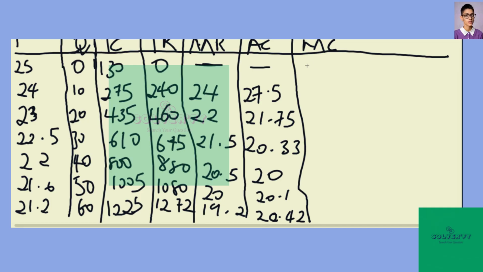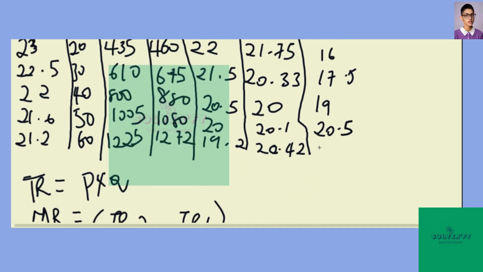So the first one will be 0, obviously. Then 275 minus 130 divided by 10, and we have 14.5. The next one is 16. The next one is 17.5. Then the next one is 19. The next one is 20.5. And the next one is 22.